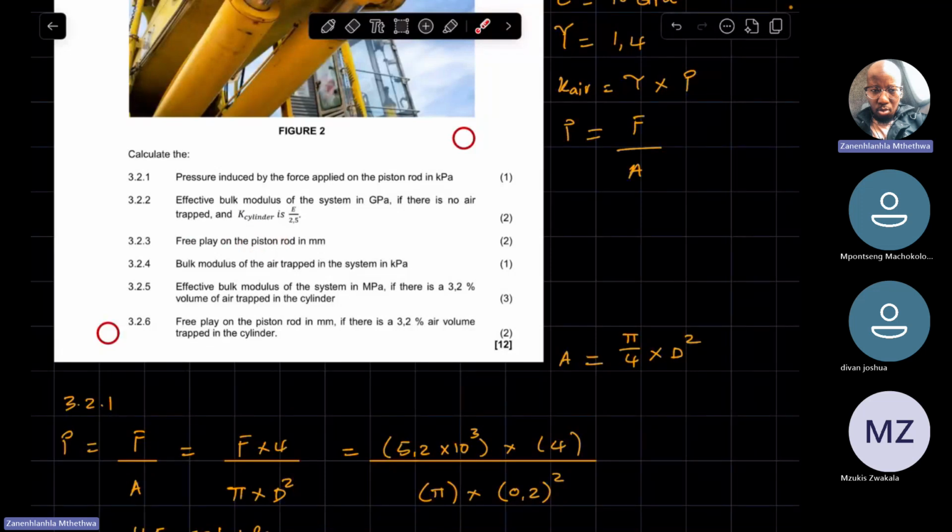The piston essentially doesn't go all the way to the bottom dead center. So that clearance between the piston and the bottom dead center is what they're referring to here as the free play. Simply put, that is what it is.